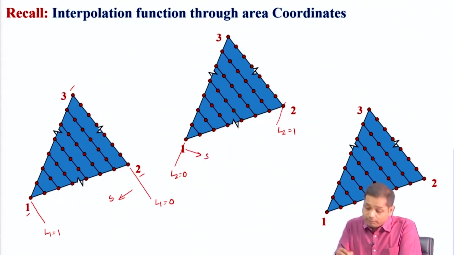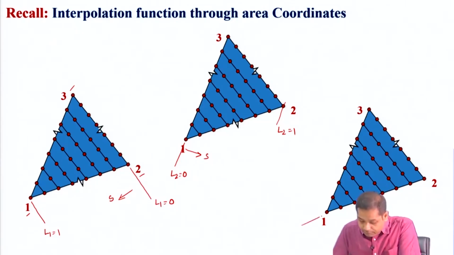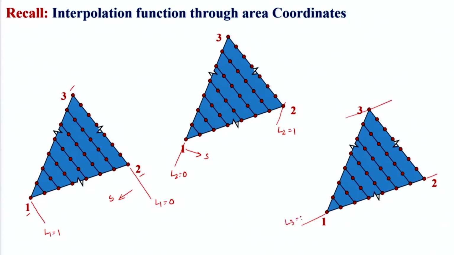Similarly for node number 3, this is our coordinate, and here L3 will be 0 and L3 will be 1, and then in between we construct a local coordinate system S, which is normal to this axis. Okay, so these are L1, L2 and L3.